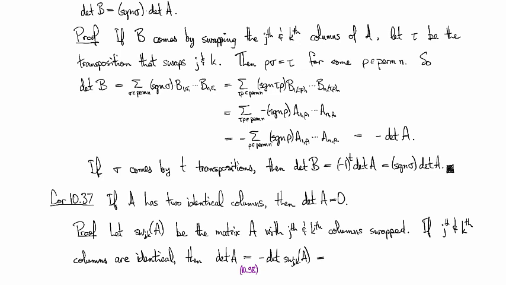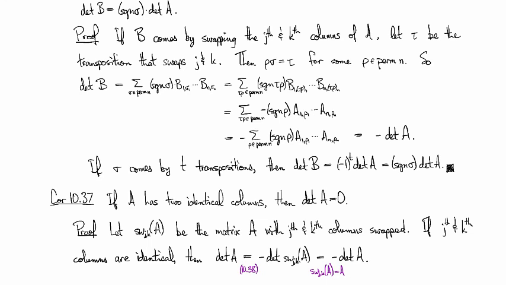And then this one is going to be minus det A, because we're assuming that the jth and kth columns are the same, and that means that the swapped one is actually the same as the original one. And we're done.